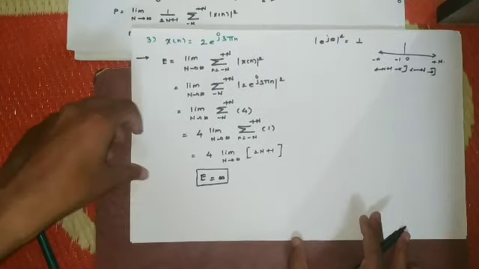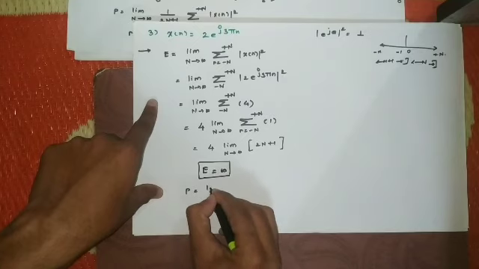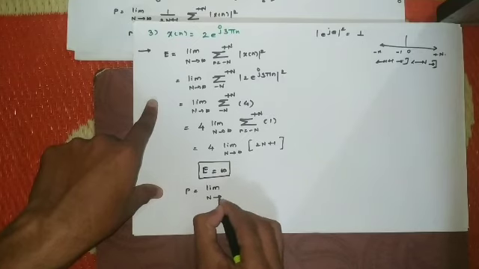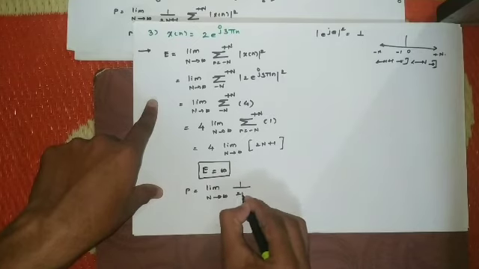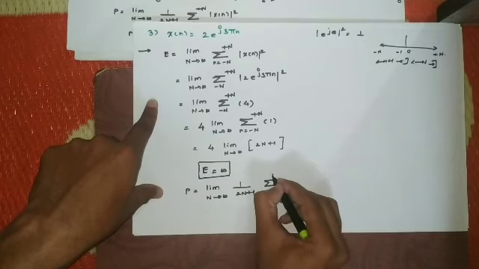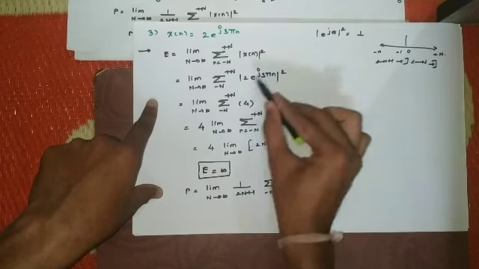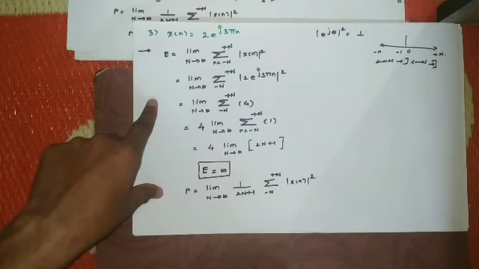Now if you got energy as infinity, let us come across power. Power is limit n tends to infinity of 1 upon 2n plus 1. This formula I am again keeping as it is. This is mod x of n square. Now this term we have simplified. We have that value as 4.